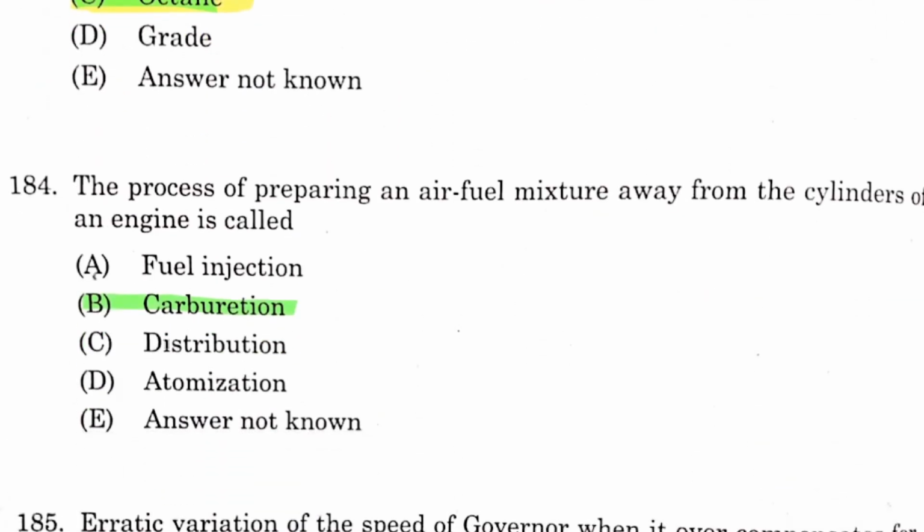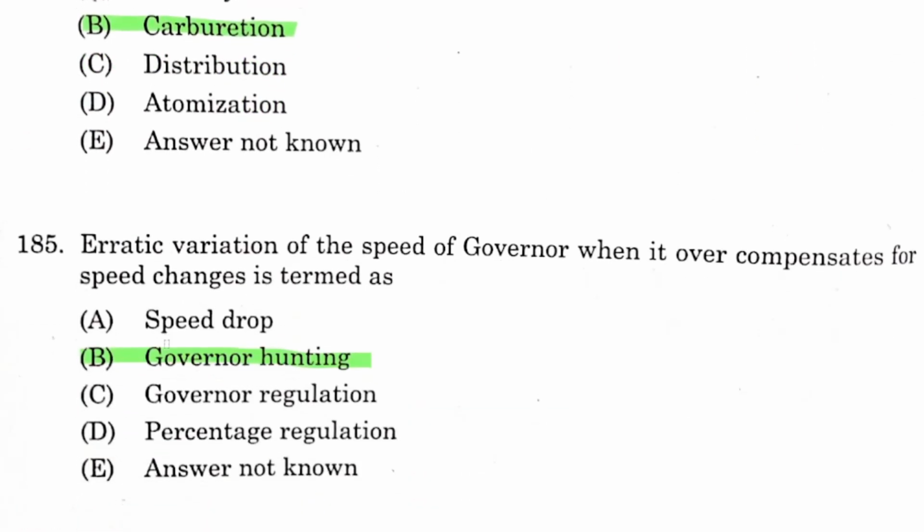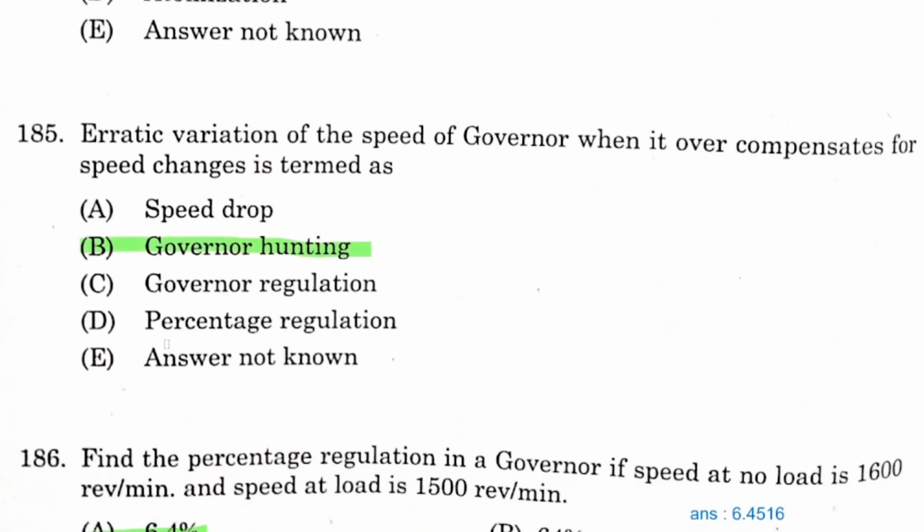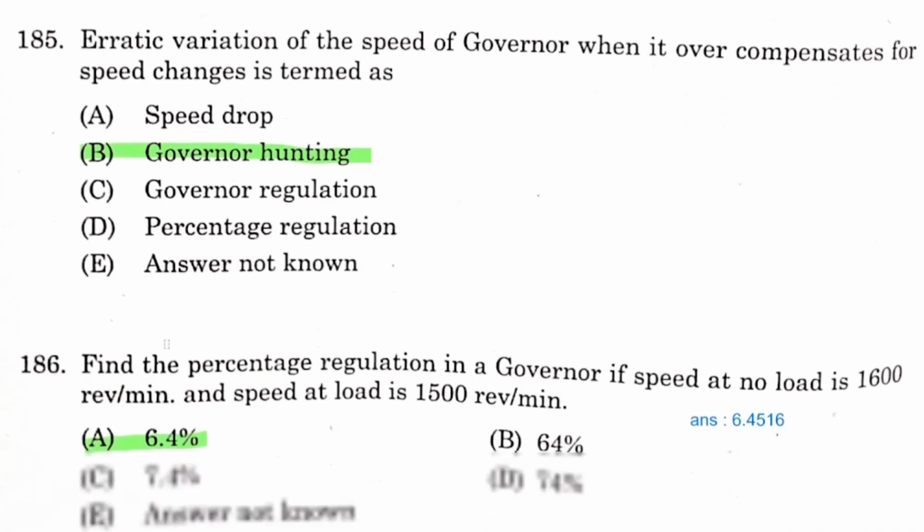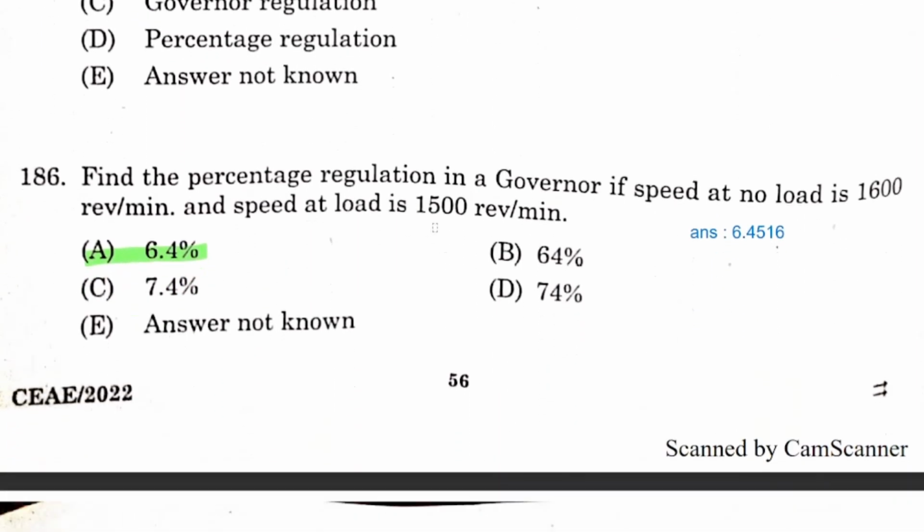Next, the process of preparing an air-fuel mixture away from the cylinders of an engine is called carburation. Next, erratic variation of the speed of governor when it overcompensates for speed change is termed as governor hunting.